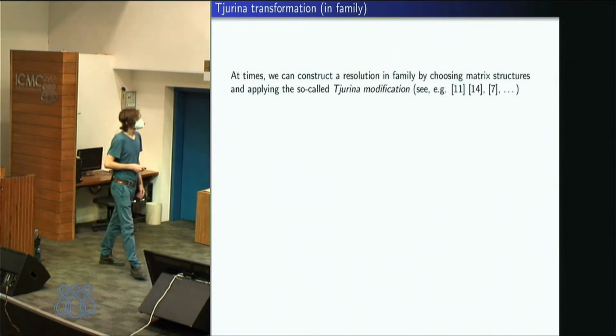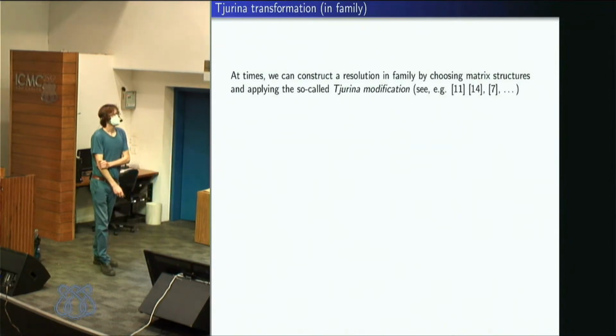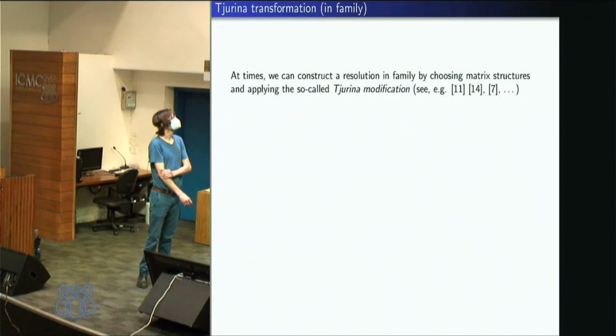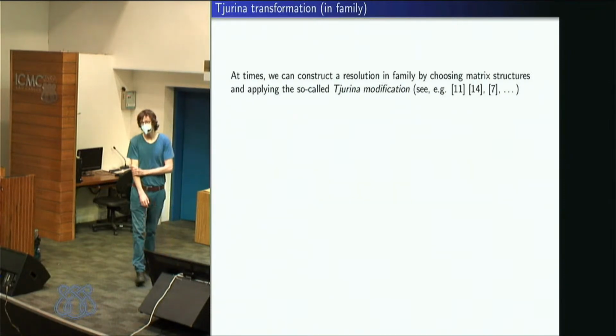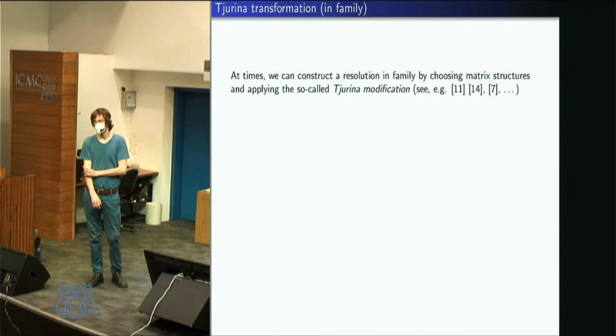I'm not sure how much time we should really spend on this, but it can also be taken as an exercise that you can construct these resolutions in family for the A_n singularities and the D_k singularities, and probably also for E6 and E7, but not for E8, using the so-called Tyurina modification.